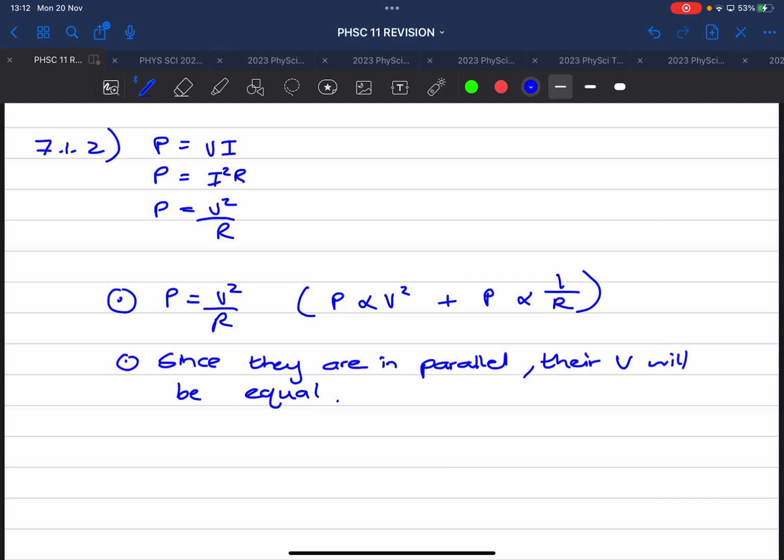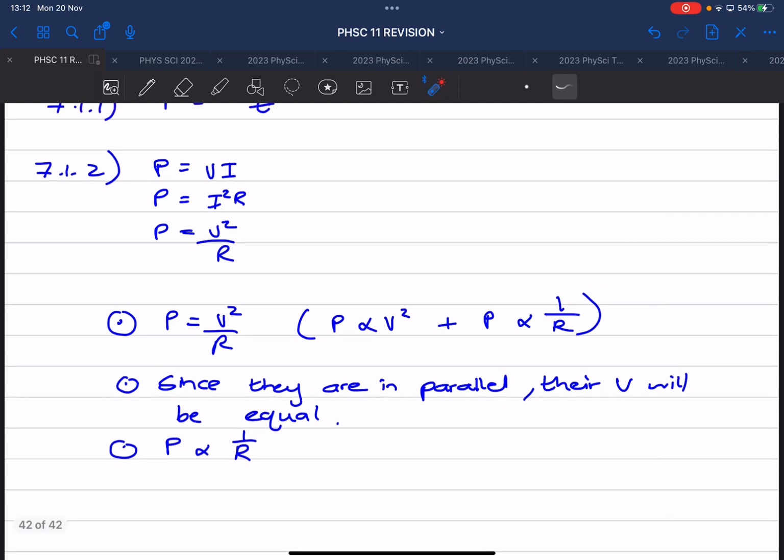Okay. Nou gaan ons net kyk na P is omgekeerd evenredig na R. That is the determining factor, die bepalende faktor. Okay, so ek sê hulle is omgekeerd evenredig aan mekaar, inversely proportional, so you can use it in symbols like this. You don't have to write it out in words.